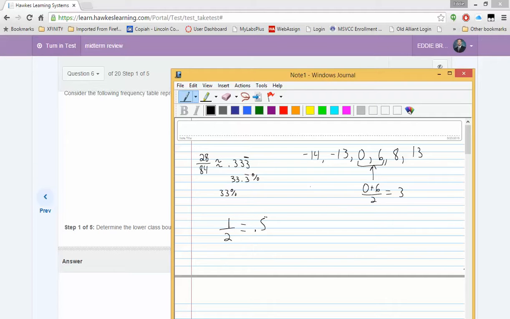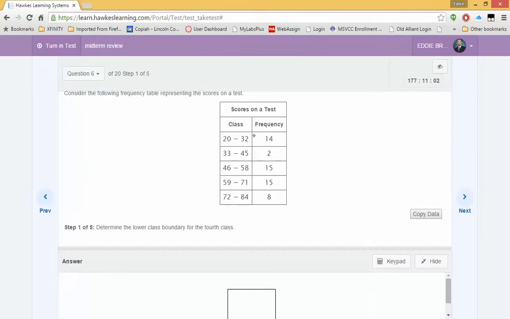That's how many units you go to get directly in the middle. So you go 0.5 more than this, and that's the number between 32 and 33.